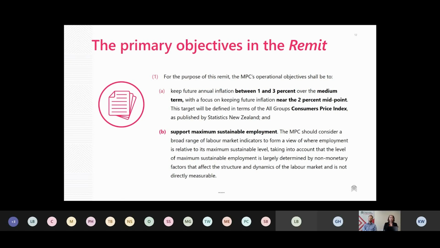And finally, we need to decide how much flexibility the remit should have, and whether the committee should be able to decide for themselves how to trade off between price stability and maximum sustainable employment, and how much flexibility they have about the time they take to get back to their inflation target. So I'm going to talk about these three things next. Starting with the measure of inflation.